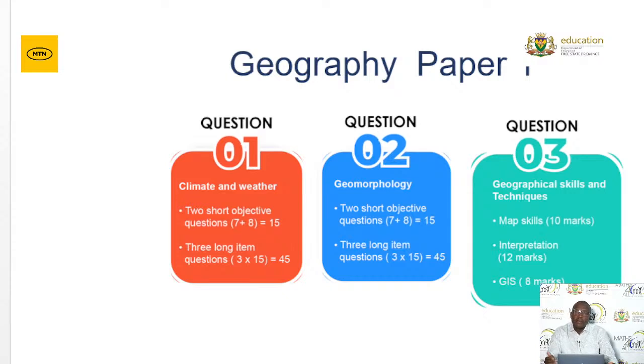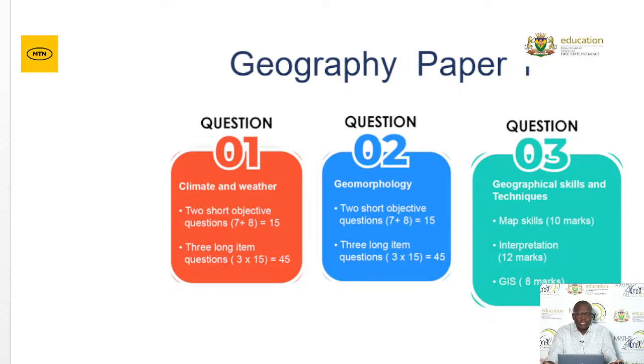So every time, make sure that you understand your concepts in climatology, and also in geomorphology. Geography without concepts, you won't be able to explain anything. All of us must be able to understand and explain concepts. Those short objective questions are based more on concepts, so you must know your concepts.